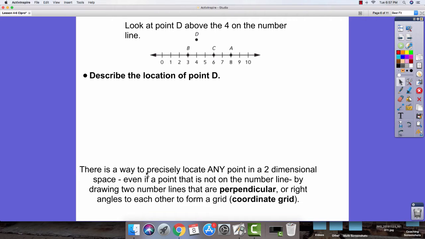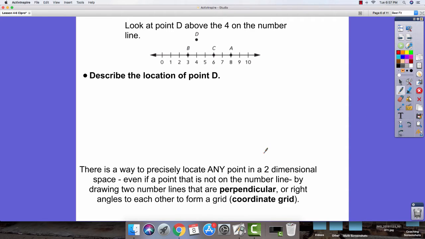There's a way to precisely locate any point in a two-dimensional space, even a point that is not on the number line, by drawing two number lines that are perpendicular, or at right angles to each other, to form a coordinate grid. I'll show you on my next slide what exactly I mean by that.